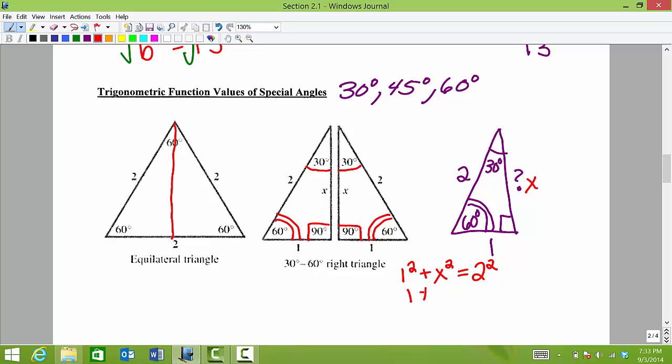So that would be 1 plus x squared is equal to 4. Subtracting 1 from both sides, we get x squared is equal to 3. Then take the square root of both sides. So the length of that side that we didn't know will be the square root of 3.